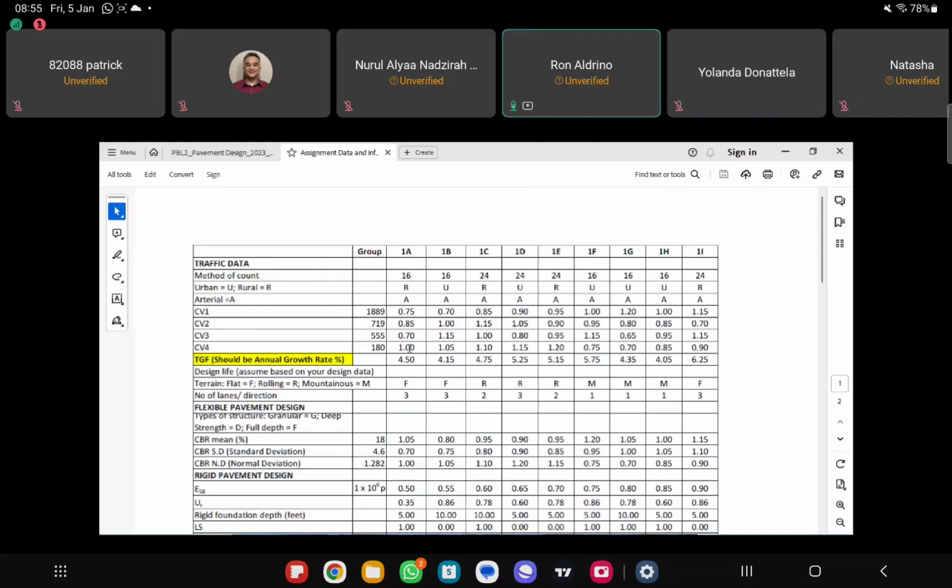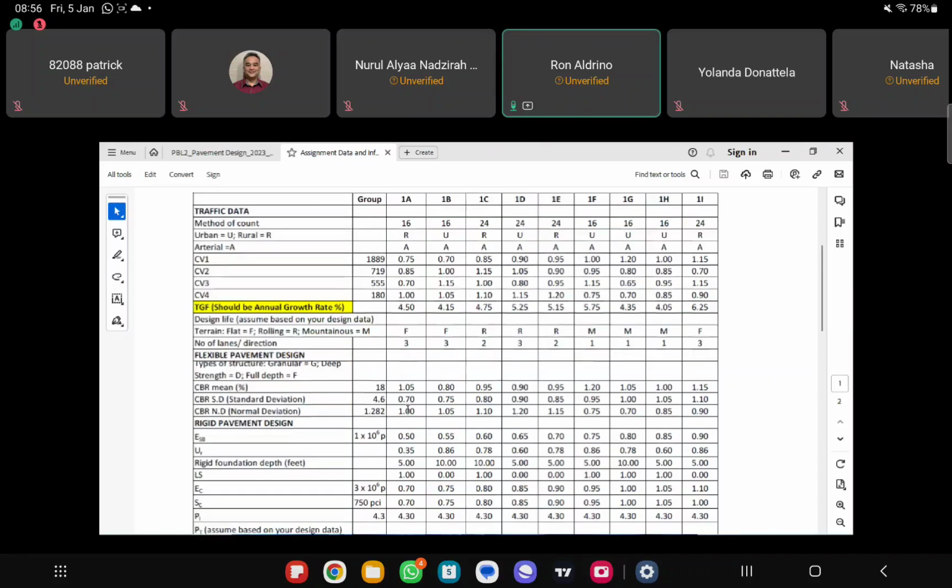How do you get 45? 180 times 25%, so you get 45. Then the value for this category must be 180 minus 45, so you get 135. So that is how you do your traffic data.